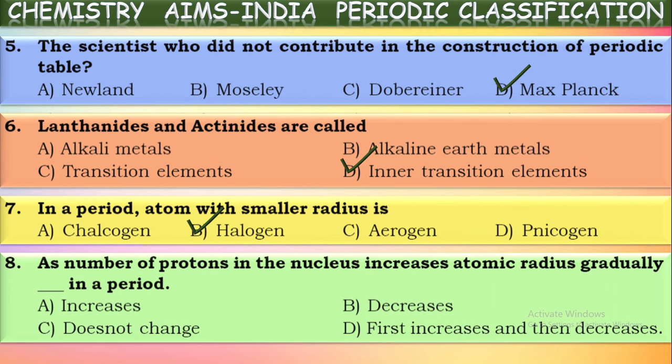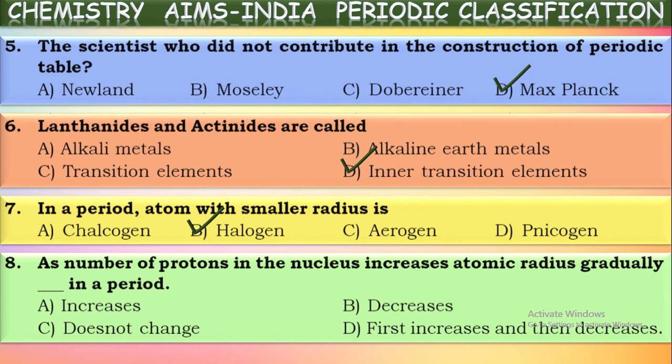Next, as the number of protons in the nucleus increases, atomic radius gradually dash in a period. If you see in a period from left to right, the atomic number increases, or the number of protons increases, from element to element gradually, isn't it? Then what is happening to the atomic radius?